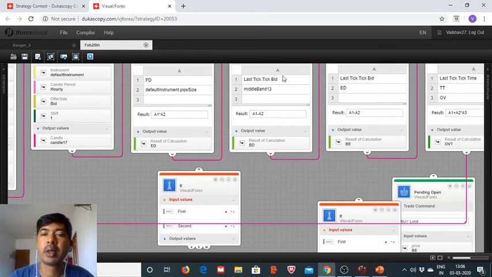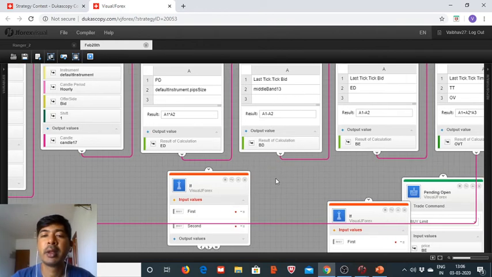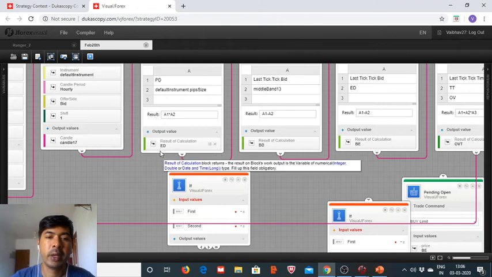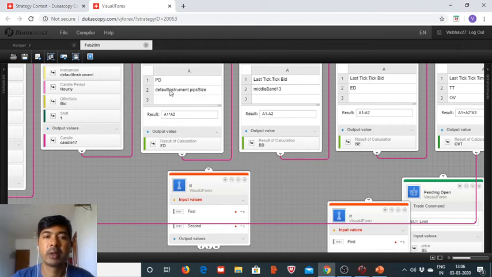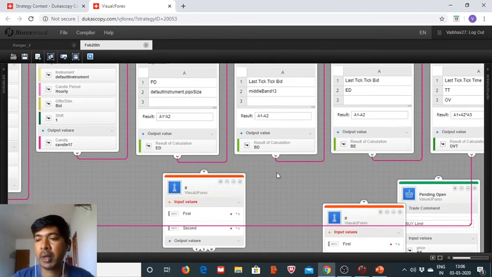Here we are going to take this BD, the buy difference, when the last tick bid and the middle band difference is more than the execution difference, that is more than 10 pips, then our order will go for pending open.